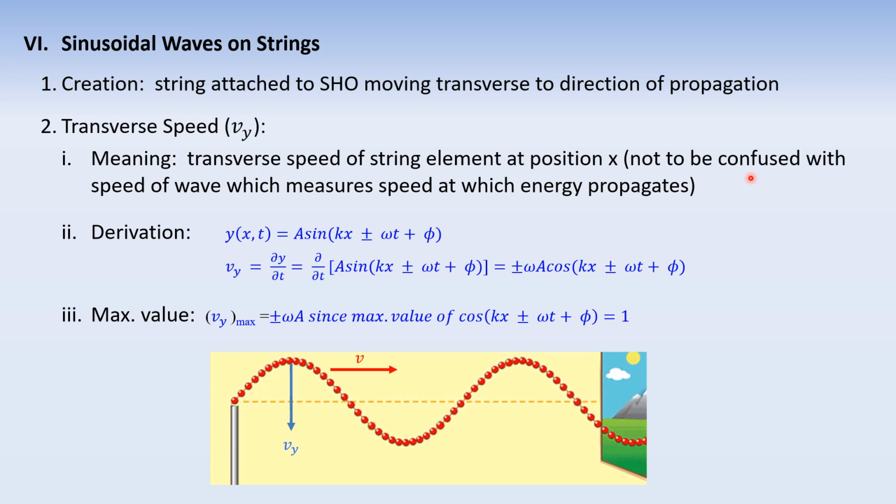Note here that when we talk about the maximum value of that transverse wave speed, as we've said many times, a sine or cosine function has a maximum value of 1. So v_y max will be equal to omega times A, A being the amplitude and omega the angular frequency.